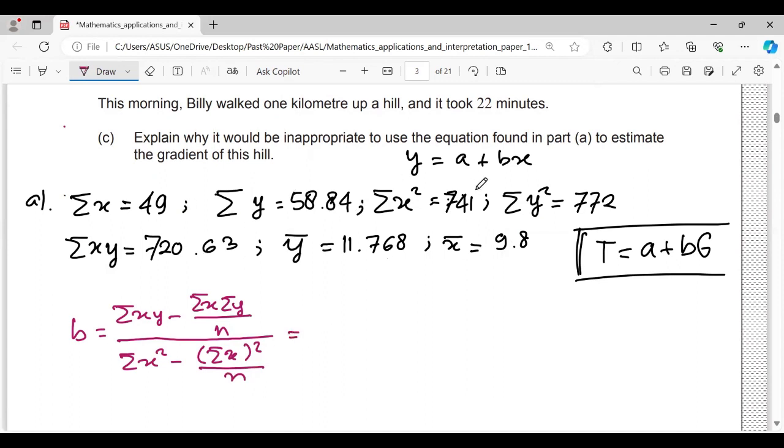And if you substitute all the numbers into this equation, you're going to find the number is 0.55214. Okay. So B equals 0.55214.